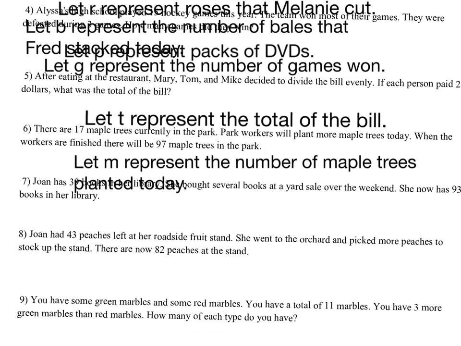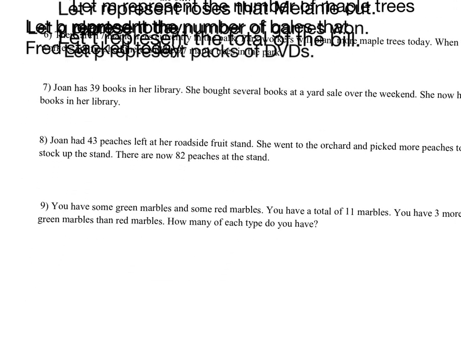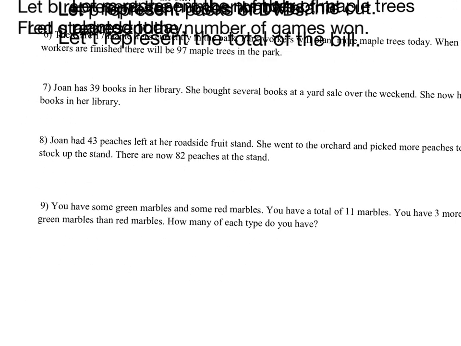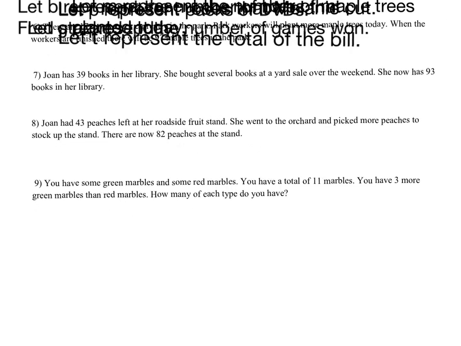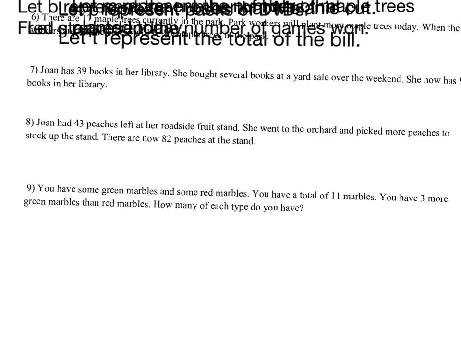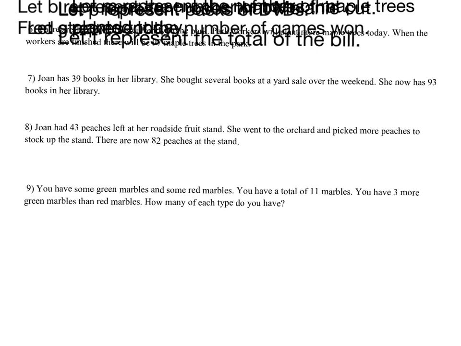Okay, number 7. Joan has 39 books in her library. She bought several books at a yard sale over the weekend. She now has 93 books in her library. That would be buying several, I guess.